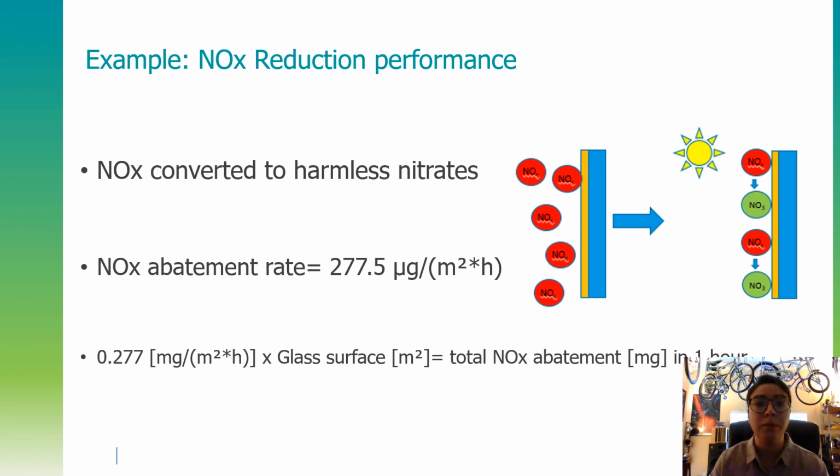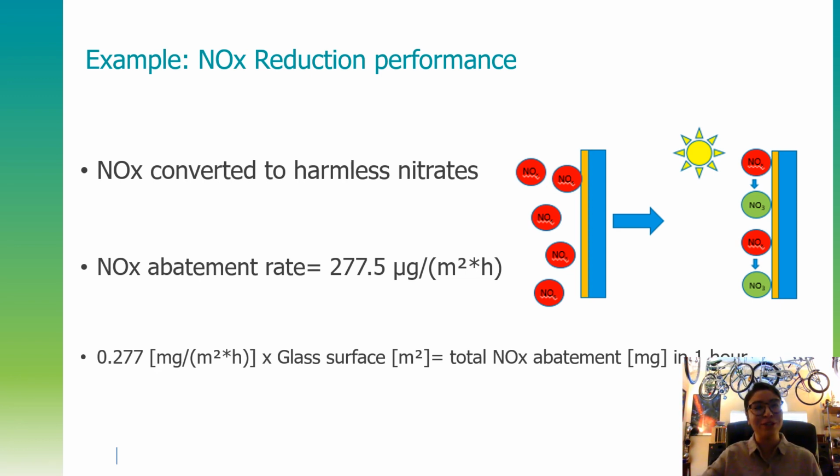Well, we've done studies that show there's a NOx reduction performance in your air quality. And so what happens is when this NOx comes in contact with the surface of the glass or with your coated surface, the NOx is converted to harmless nitrates. And this can occur at an abatement rate of approximately 277.5 micrograms per meter squared hour. So essentially, here's a quick little equation.